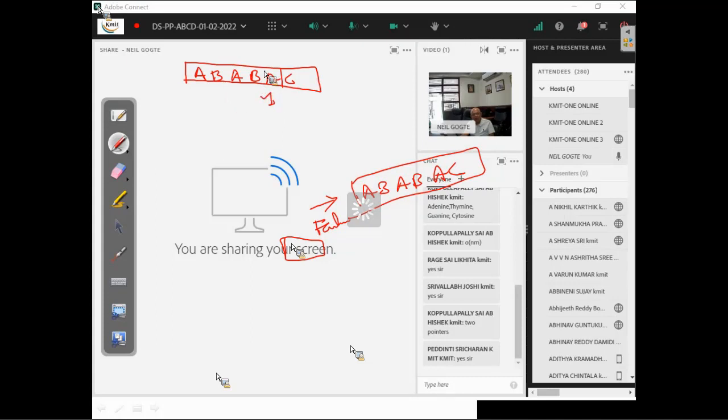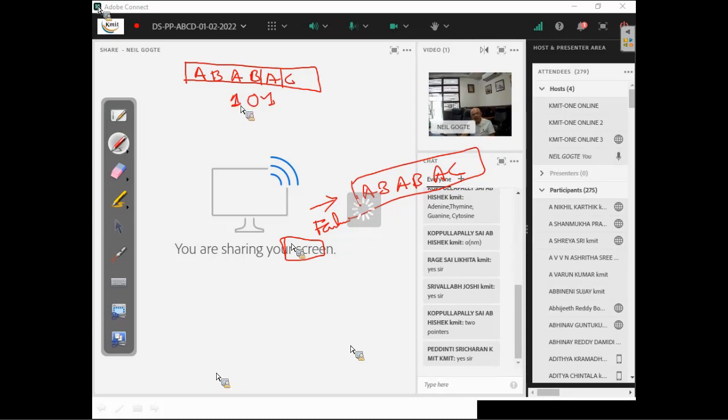Now look at B and then look backwards. When you look backwards, is there in this string a suffix B and prefix A? Does it match? No. So at that position itself 0. A, look backward. Is there a suffix which matches a prefix?